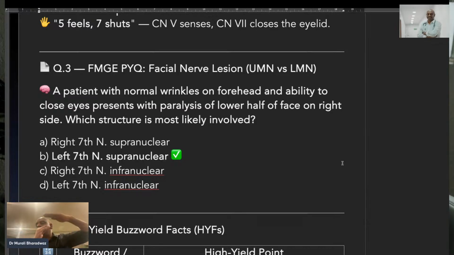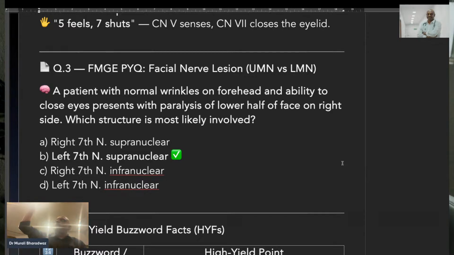The upper half part of the nucleus is bilaterally innervated. That means all our forehead and all. But the lower half of the face is only supplied by the contralateral side corticobulbar fibers, from cerebral cortex to the cranial nerve nucleus in the pons, the seventh nerve nucleus in the pons.